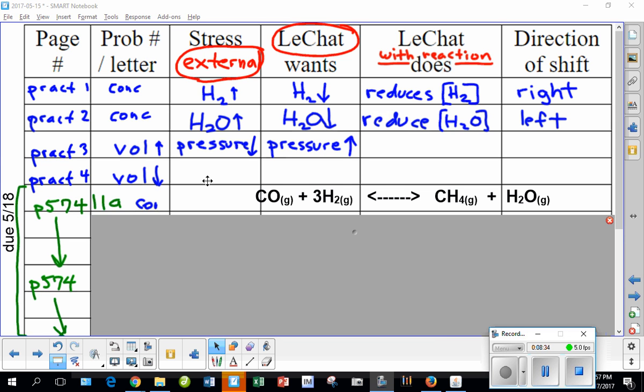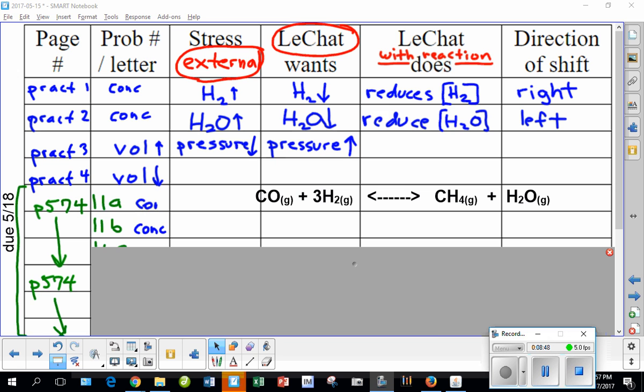Now with volume problems, it's a whole different ball game. Each of the three problem types is very, very different in how you figure out the shift. So for this particular shift, what you do is you count the molecules. How many molecules are on the left in the balanced equation? 4.